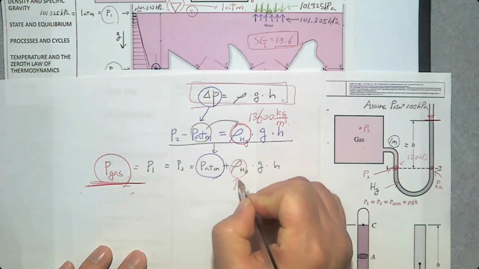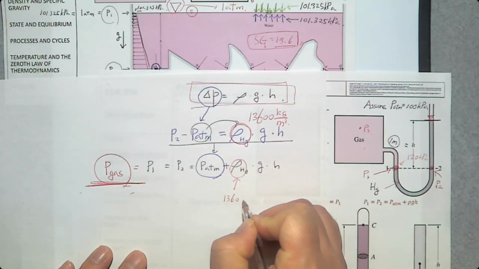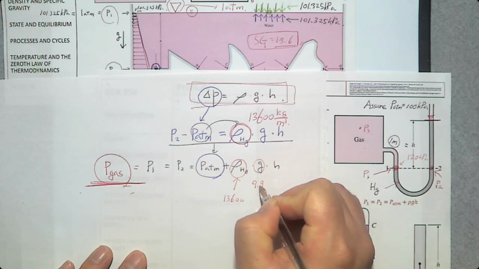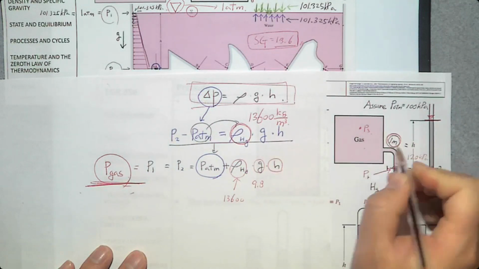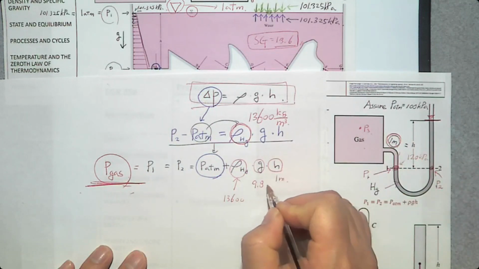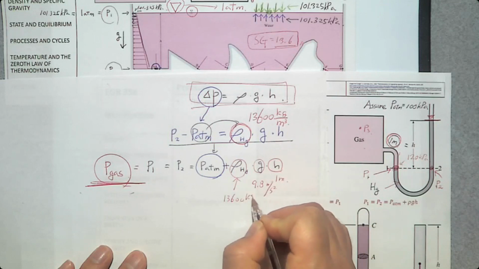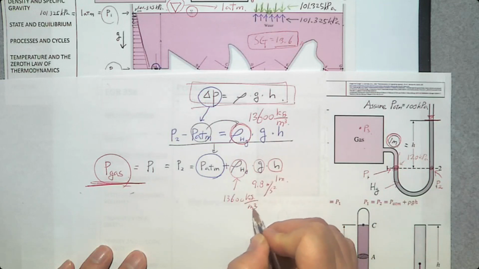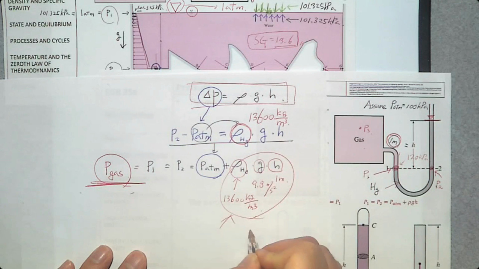This one we know, 13,600. This one we know, 9.8. This one, if you assume it's 1 meter, then you can calculate this part. However, we still need the atmospheric pressure to determine the absolute pressure of this gas.